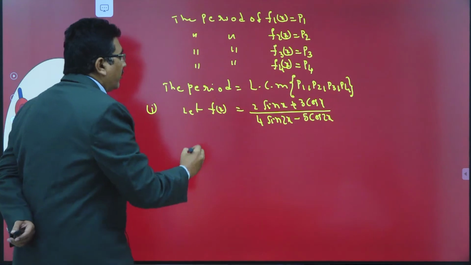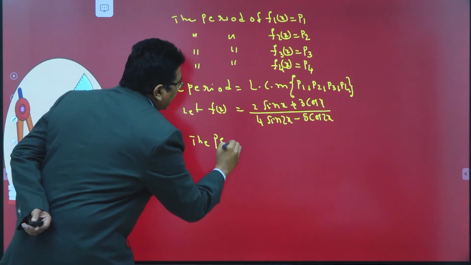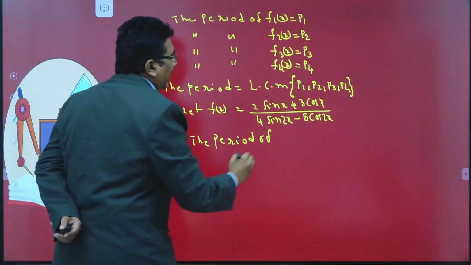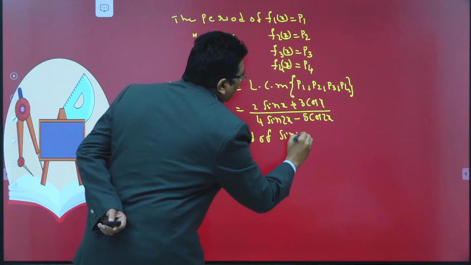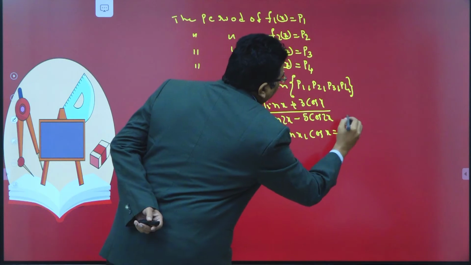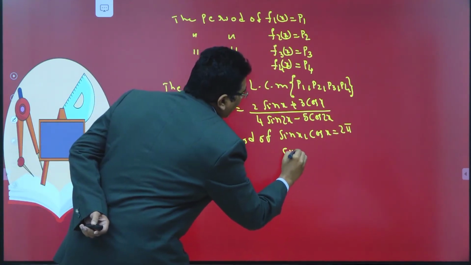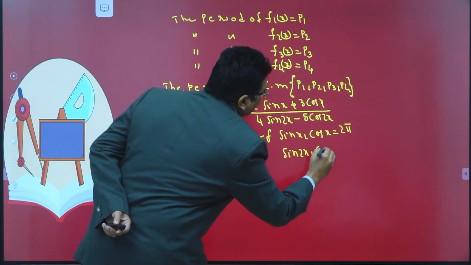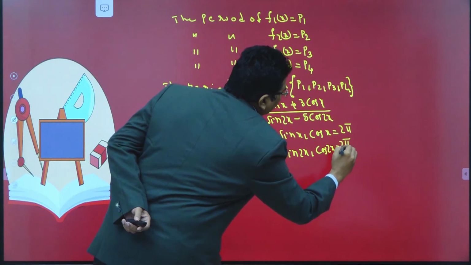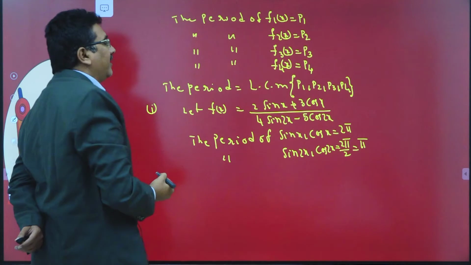The period of sin x and cos x is 2 pi. The period of sin 2x and cos 2x is 2 pi by 2, that is equal to pi.